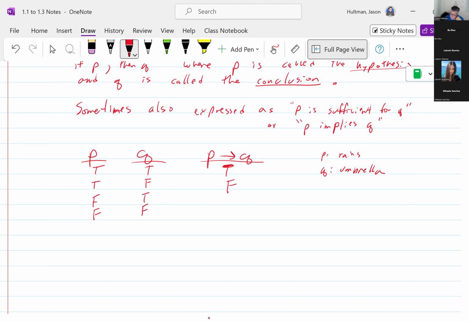And so T implies F: no. A true statement implying a true statement, then the logic holds. This logic holds. This logic breaks.